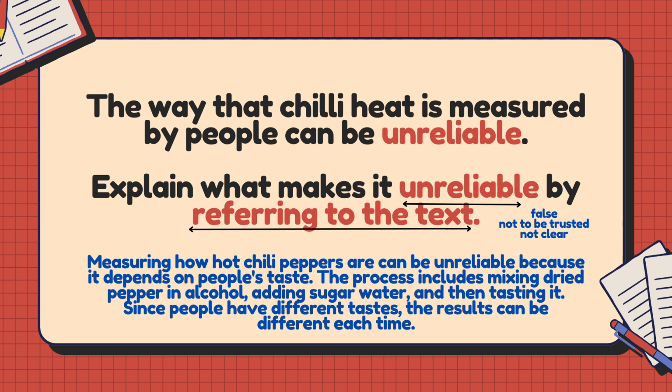So you have to use the word because it depends on people's taste. And as you can see later, you will find out why. The process includes mixing dried pepper in alcohol, adding sugar water, and then tasting it. Since people have different tastes, the results can be different each time.